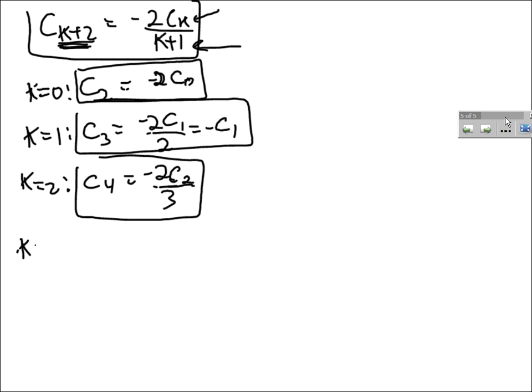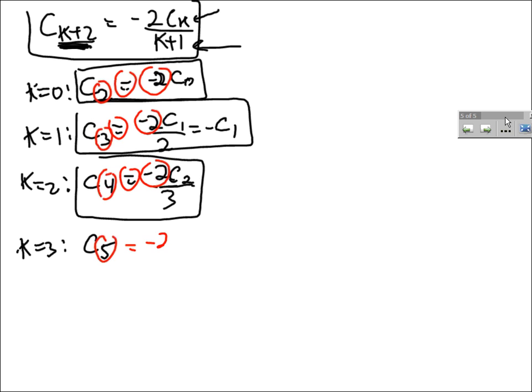Now, when K is equal to 3, we're going to have 3 plus 2 is 5. Now, you can be clever. You can say, you know what? First the subscript was 2, and then 3, and then 4. So here it's going to be 5. They all have a -2. They all have an equal sign. They all have a division line. So that's over 1.